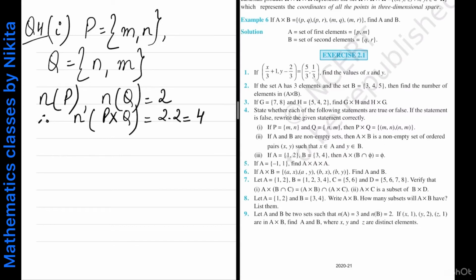And if the set given here has only 2 ordered pairs, so that means the statement is false. The statement is false. So you have to write the correct statement.